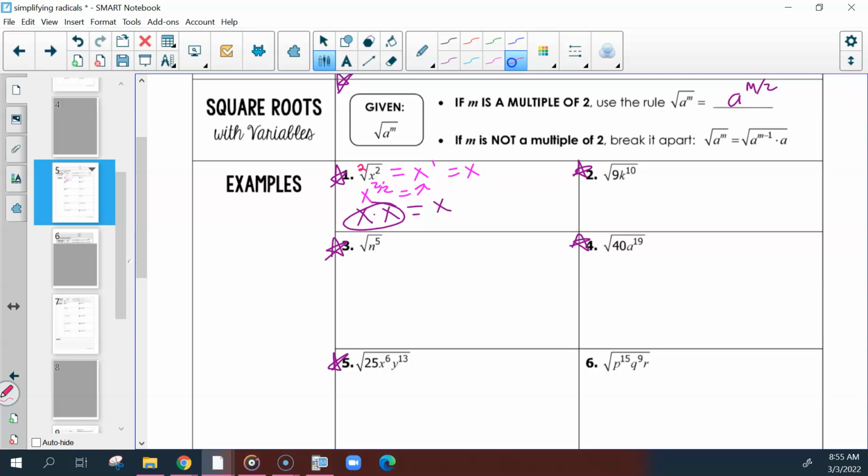Whatever the exponent is, think about it like this. 2 goes into 2 how many times? 1. And there would be nothing left over. So that would be just 1 with nothing on the inside. So the answer is just x. So whichever way makes more sense, use that.